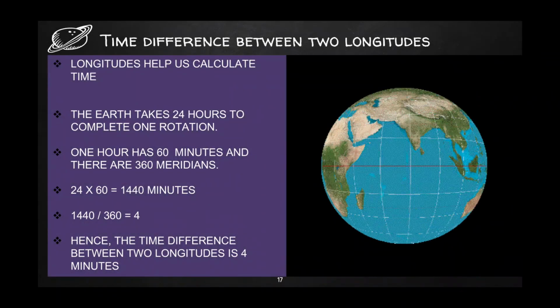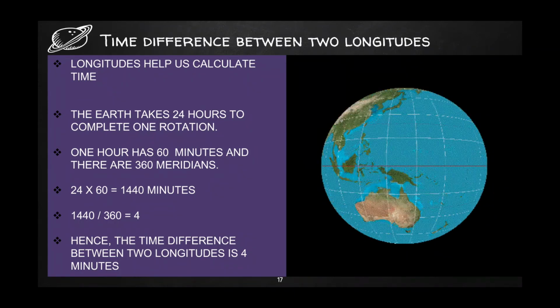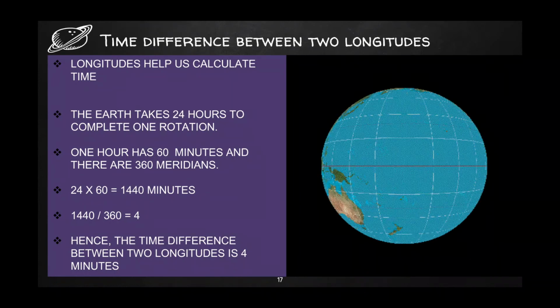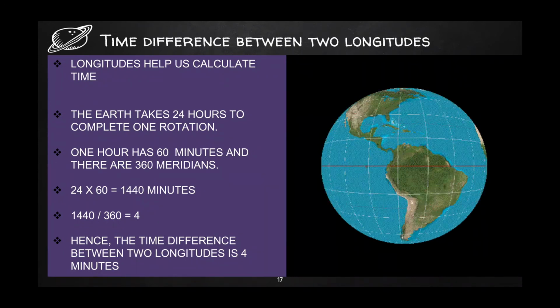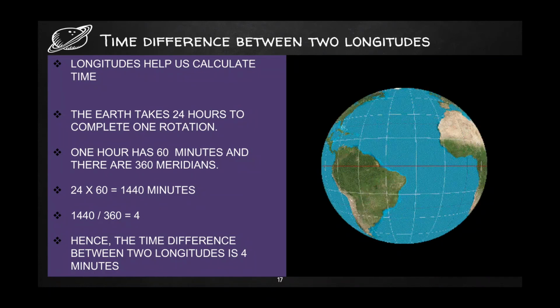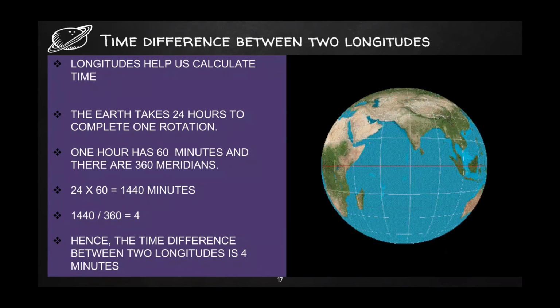Now, how do we find the time difference between two longitudes? Longitudes help us calculate time. The Earth takes 24 hours to complete one rotation. 1 hour has 60 minutes and there are 360 meridians. So, 24 multiplied by 60 is equal to 1440 minutes.